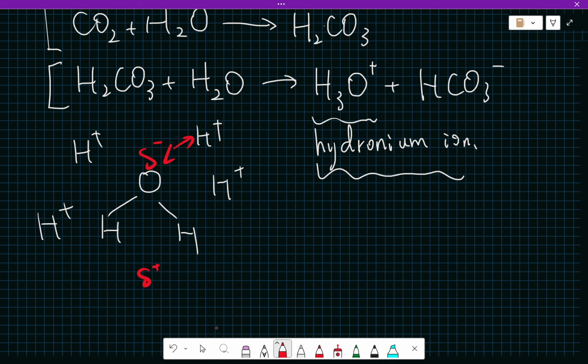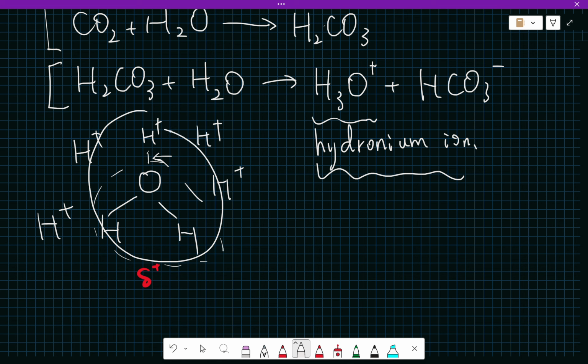So these two would attract each other, and it would form something like this. So some hydrogen ion will form a single bond right here with the water molecule. And this taken together is called a hydronium ion.